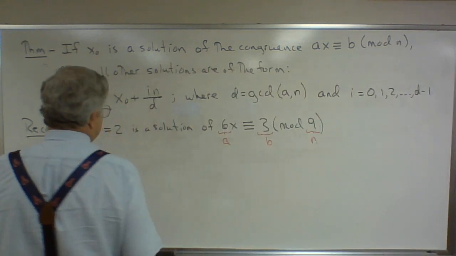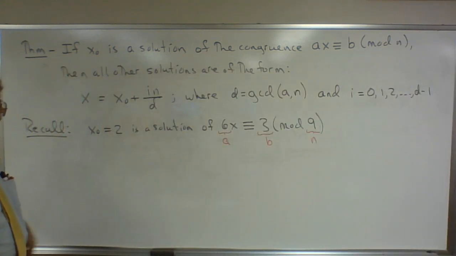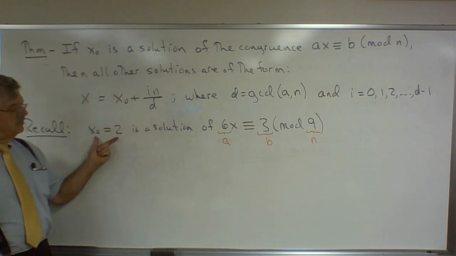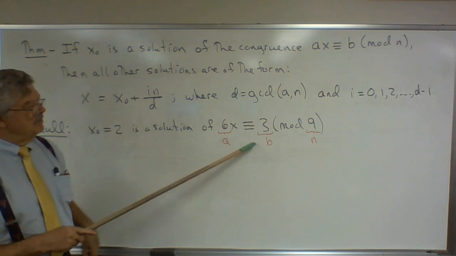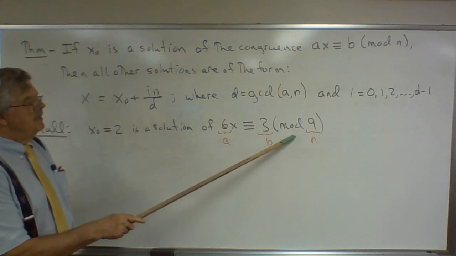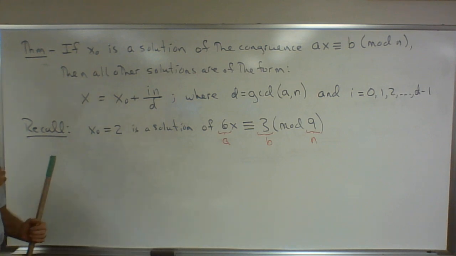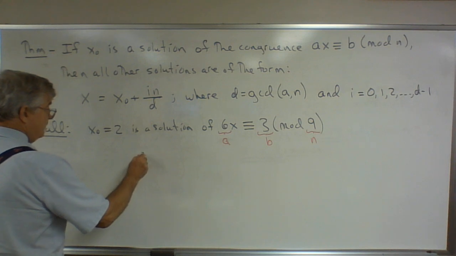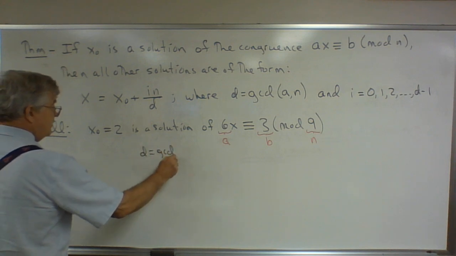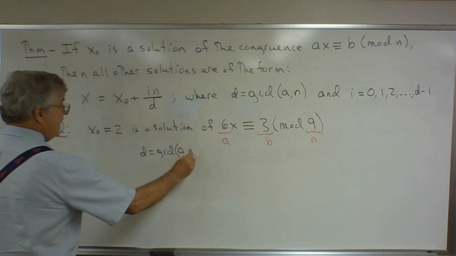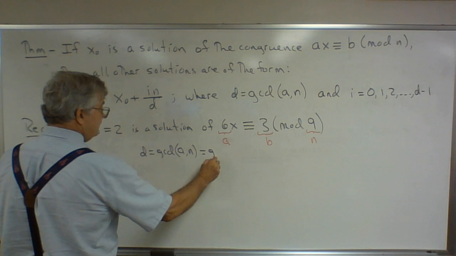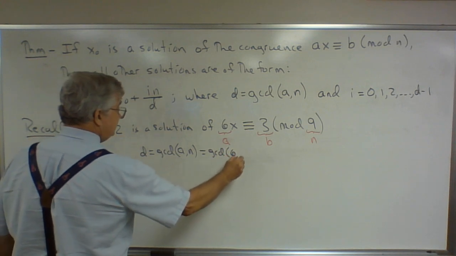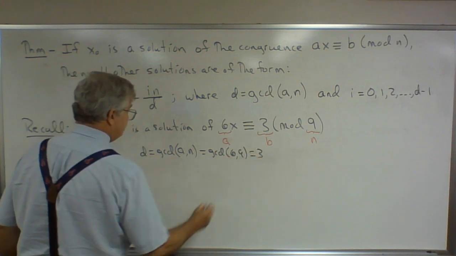And we're applying it to this exercise, where x equal 2 is a particular solution of the congruence 6x is congruent to 3 mod 9. d is the greatest common divisor of a and n. That's the greatest common divisor of 6 and 9, which is 3.